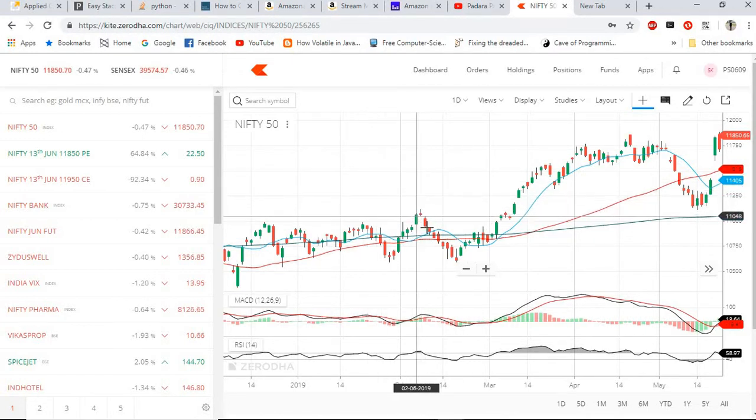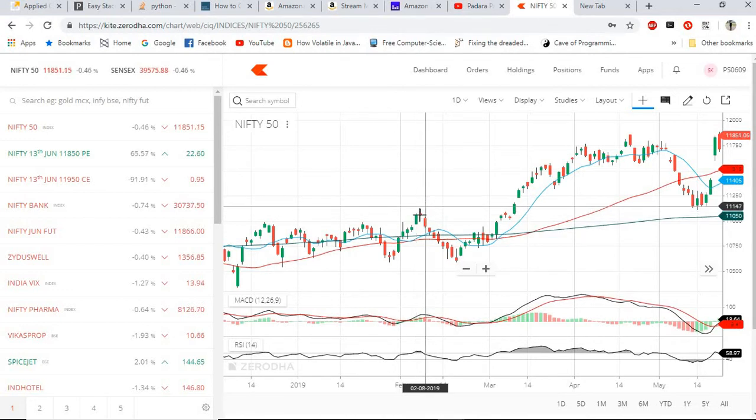So as part of that, what we know is, whenever it's a red candle, the upper one is the open and this is the close. 11,070 is the open and it almost closed at the same price. But then it formed a very long upper bar. This is saying that it went to 11,114.